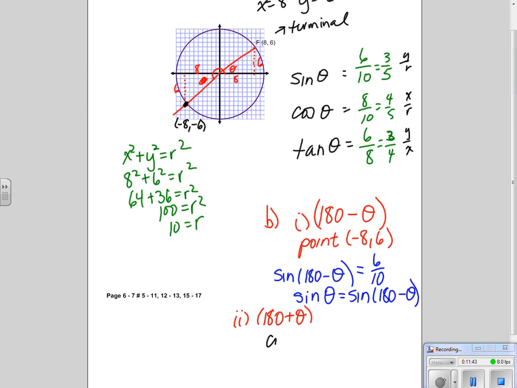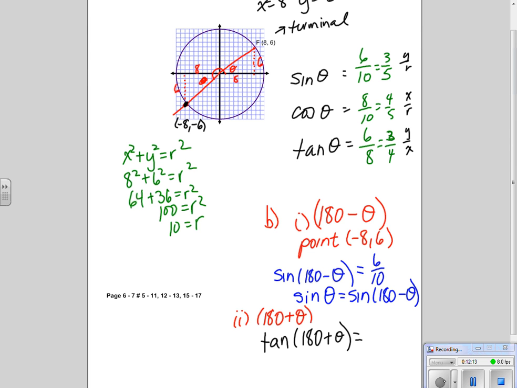Notice that the cos of 180 plus theta is equal to, well, cos is x over r, so that would be negative 8 over 10. Sorry, another flub. It's getting late at night here. Tan. There. Let's look at tan of 180 plus theta.